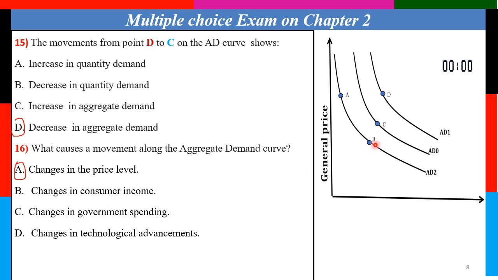Consumer income shift the aggregate demand to the right or to the left. Government spending, again, it causes the aggregate demand to shift to the right or to the left. Advancement in technology, again, it causes the aggregate demand either it shifted to the right or to the left. B, C, and D are known as what? The aggregate demand curve shifter.